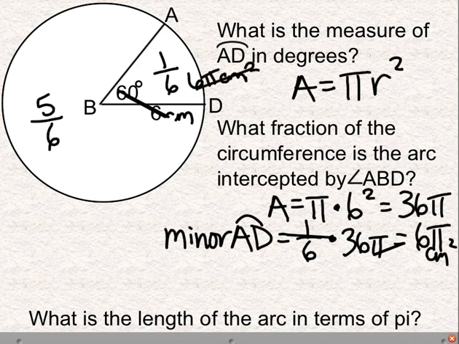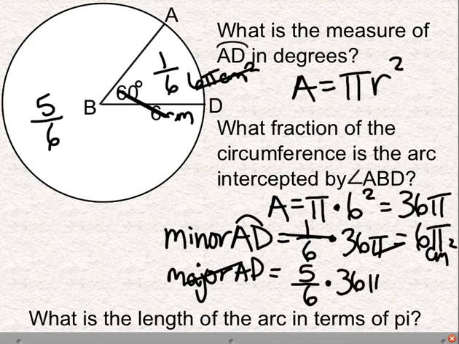That's the area of that piece. But if we want my major arc of AD, that's this big 5/6, we would take 5/6 times 36 pi, because that's the whole area, and see that we get 30 pi centimeters squared for that larger part. That 5/6 of the circle is 30 pi.